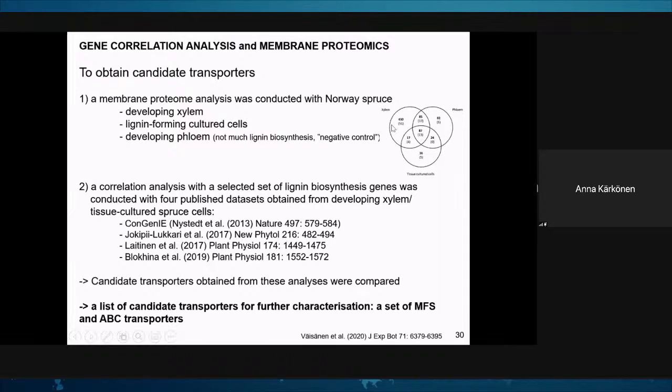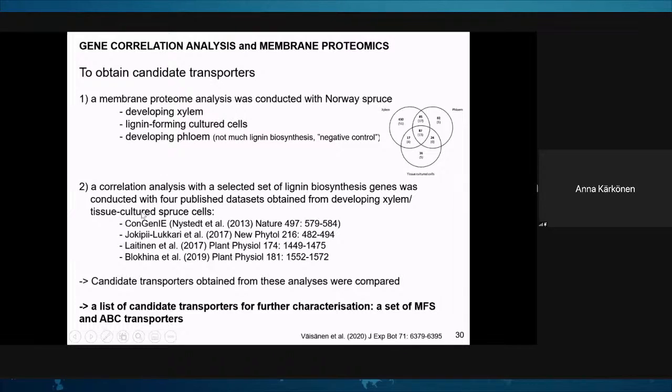And by analyzing the data, Annie got some candidates here. Then there was this correlation analysis with a selected set of lignin biosynthesis genes, and 4 published data sets were utilized in this study. So there is this ConGenIE database on the internet. So there are expression patterns of different libraries.